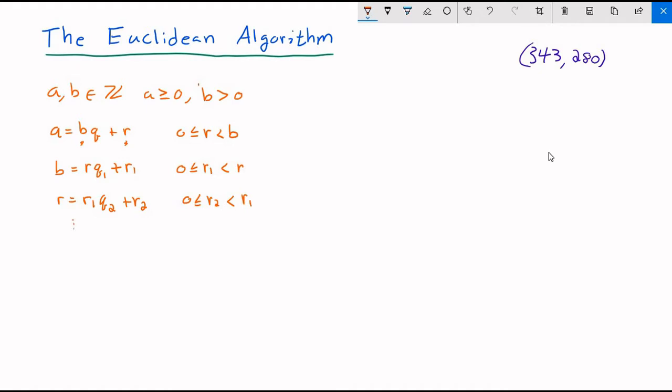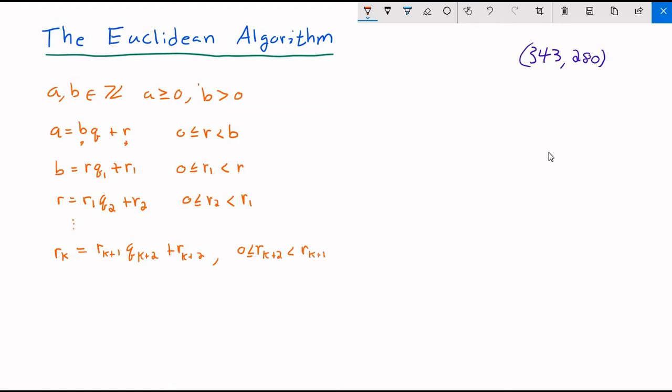And this pattern continues, so in general I'm going to have a term r sub k being written as r sub k plus 1 multiplied by q sub k plus 2, plus r sub k plus 2, where r sub k plus 2 is going to be at least 0 and strictly less than r sub k plus 1.